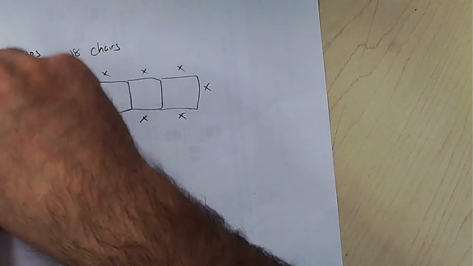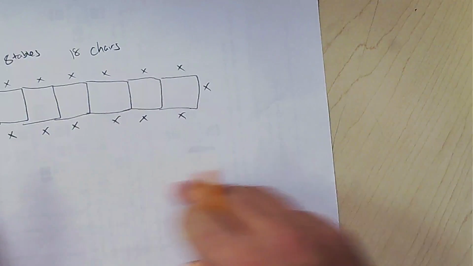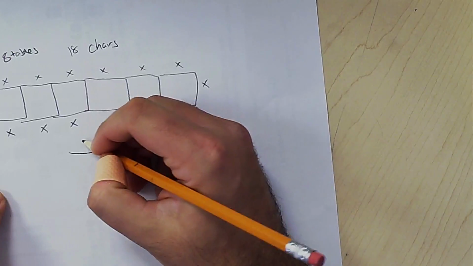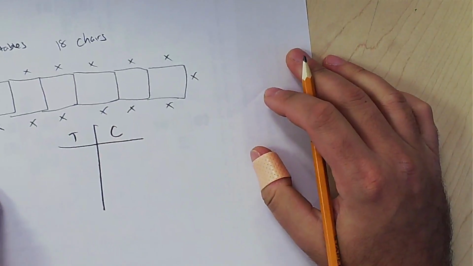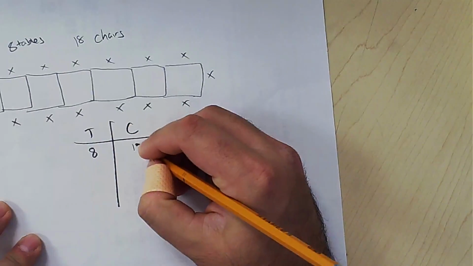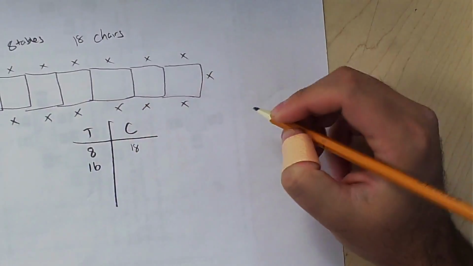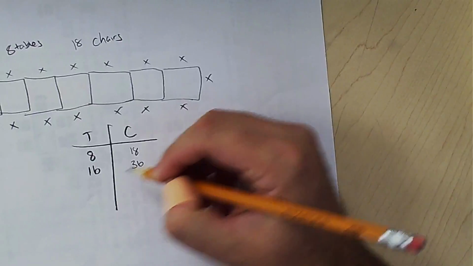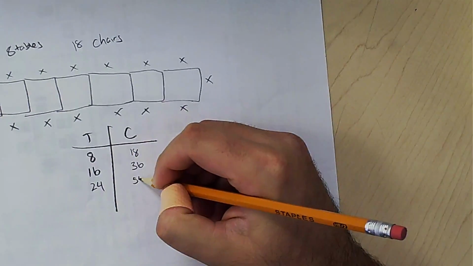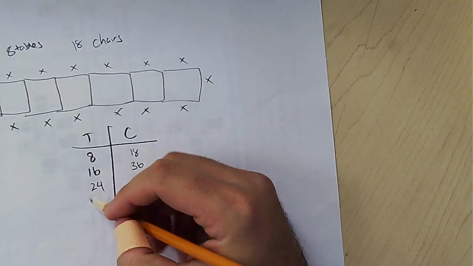Now, you can draw out this 4 more times or 3 more times, but we can just do this. 8 would have 18, and how many chairs would that be? And then 24. 54 is correct.